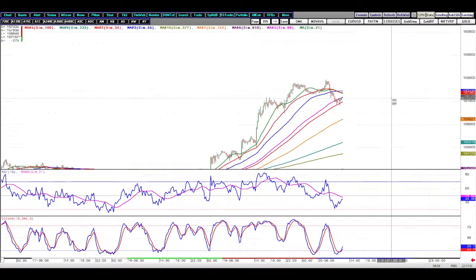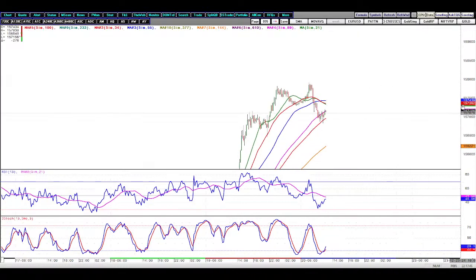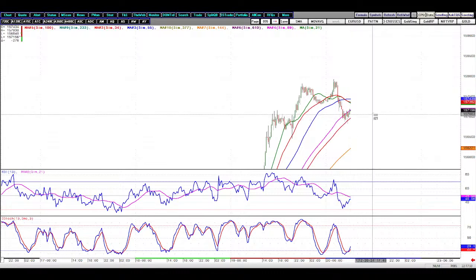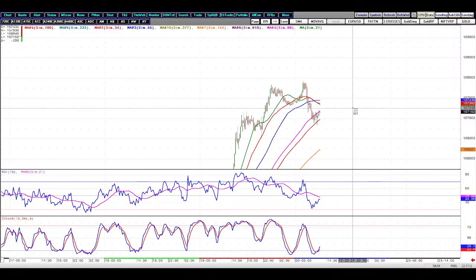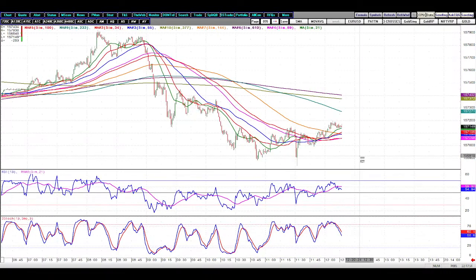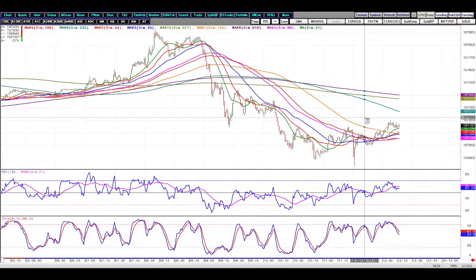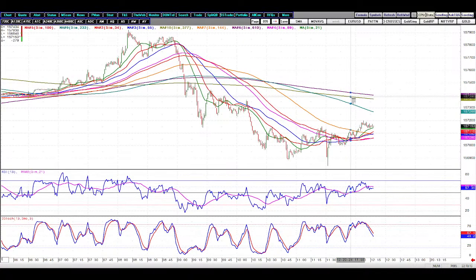Okay, so if you look into the system, right now it is showing that there is a possibility that this might be the low, but we have got to exit at 157.45 or 50.